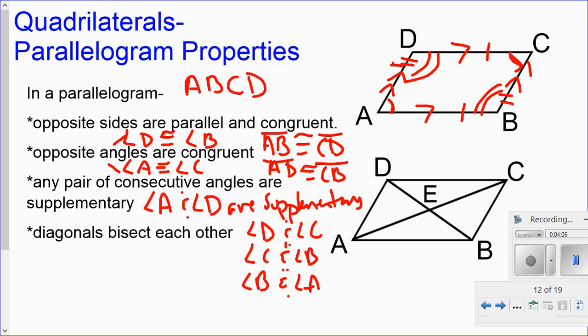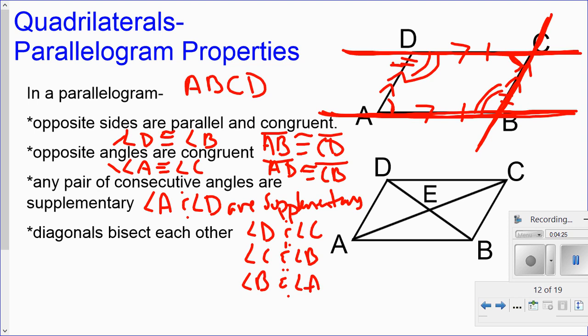In order to do that, I'm going to extend this line, and I'm going to extend this line. Those are my parallel lines, and we'll look at the other set of parallel lines in a moment. Those are my parallel lines, and they're cut by this transversal. If you remember when we talked about parallel lines cut by a transversal, we had all these different angles that were formed.